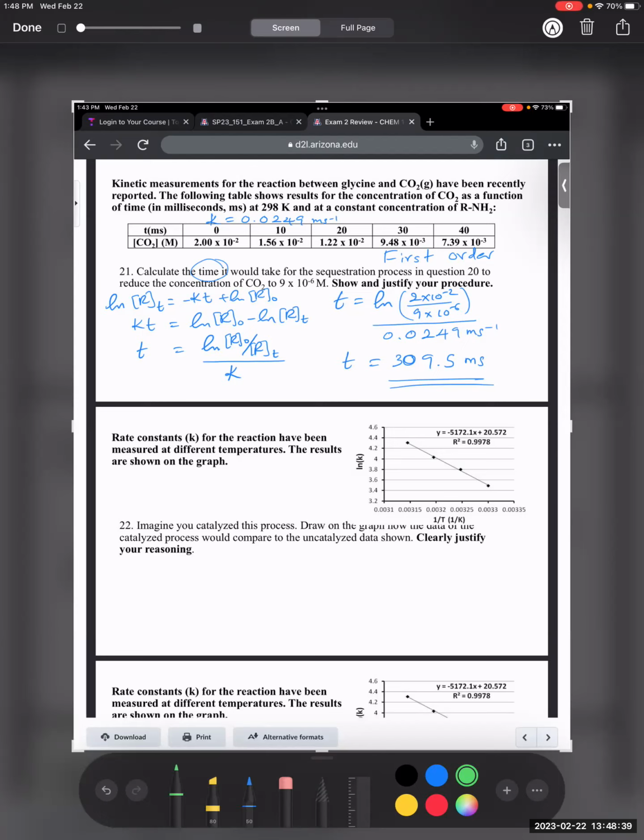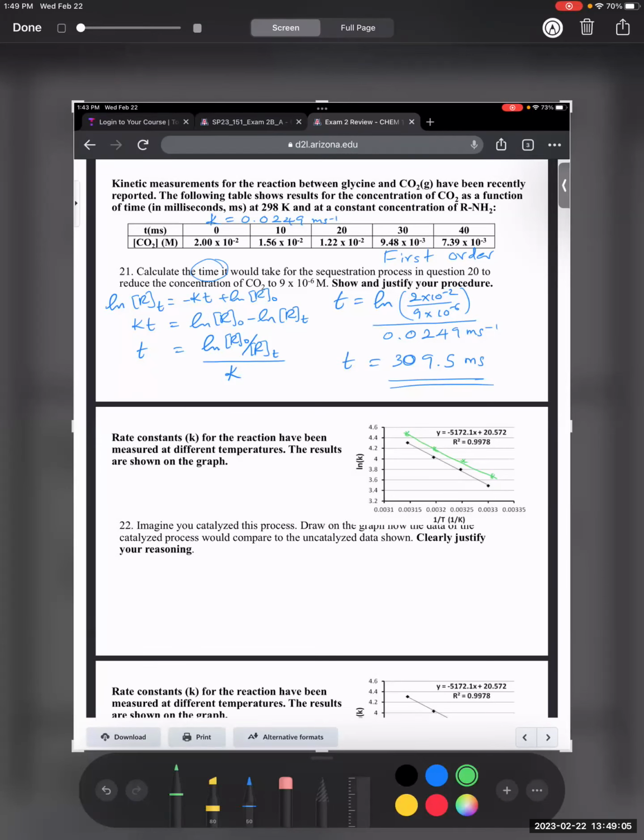So if it is catalyzed, then it should be higher than 4.3. And the same thing here. At the next data point, at that particular temperature, the rate constant must be higher, and should be higher and higher at this point as well. So if you plot that, you would get something like that.